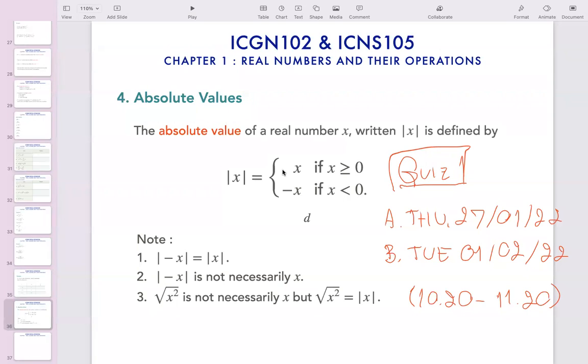C is too late for the first quiz. Who wants choice B? Raise your hand, please. Who wants choice A? 1, 2.